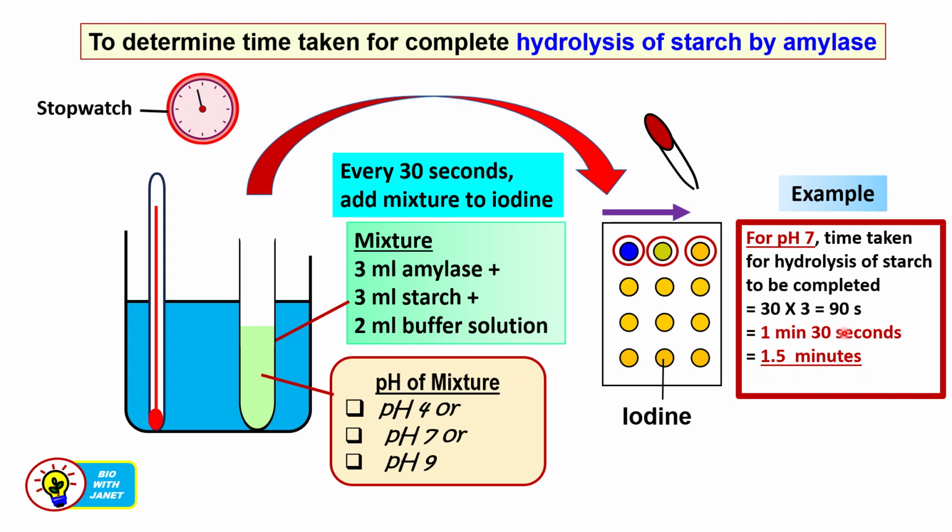That is, 30 seconds divided by 60 to convert to minutes. Or an easier method is you just count from here. This is at 30 seconds, the second result is at 1 minute, and the third result is at 1.5 minutes. So until this point here.